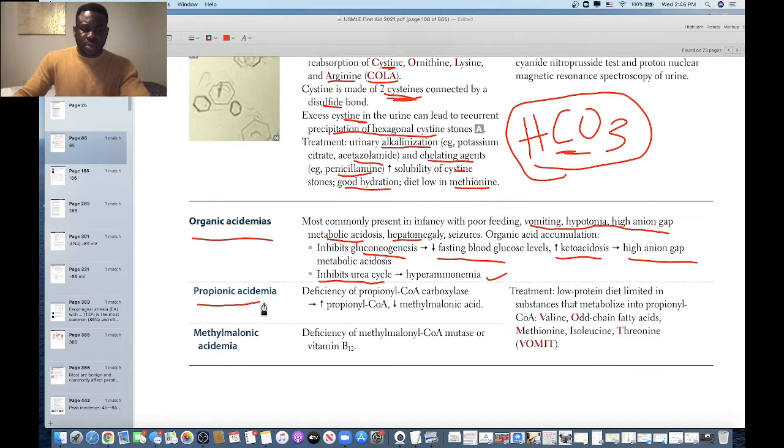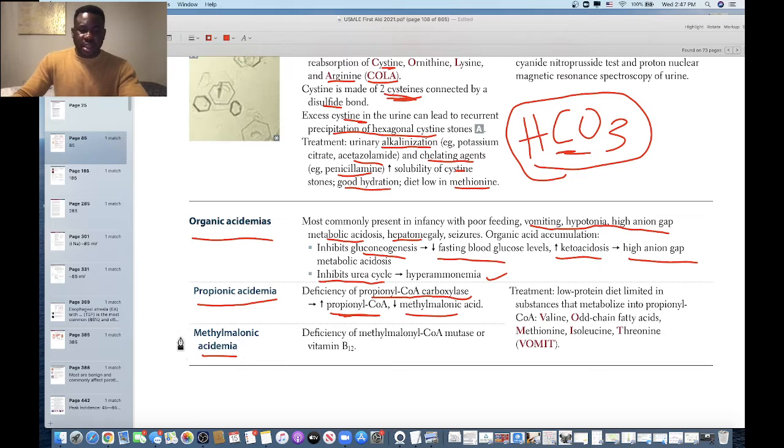So the first one is propionic acidemia, and the next one is methylmalonic acidemia. The propionic one we saw over there is due to propionyl CoA carboxylase deficiency, because we saw the carbon numbers, and that will lead to a propionyl CoA increase, but then methylmalonyl CoA will decrease, and that should make sense.